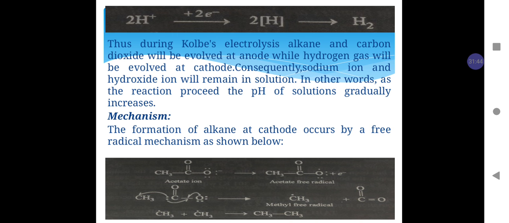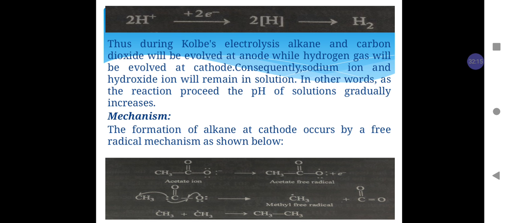In the mechanism of this reaction, we will show the formation of alkane, which occurs by free radical mechanism. As we discussed above, acetate ion will move towards anode, where it will undergo oxidation in the way shown below.